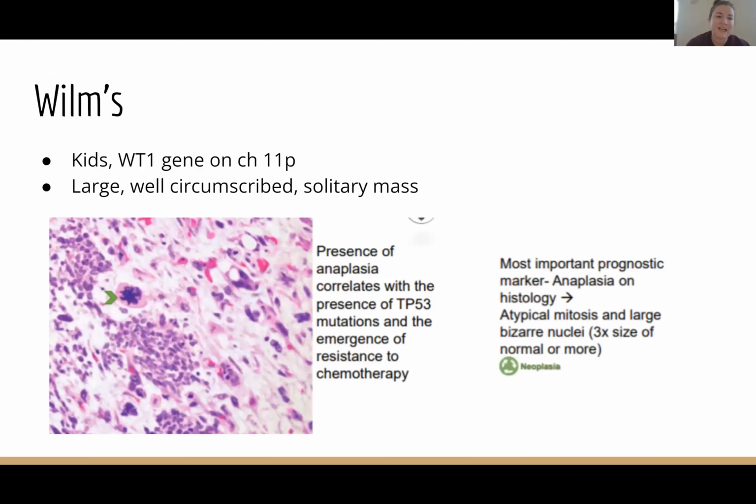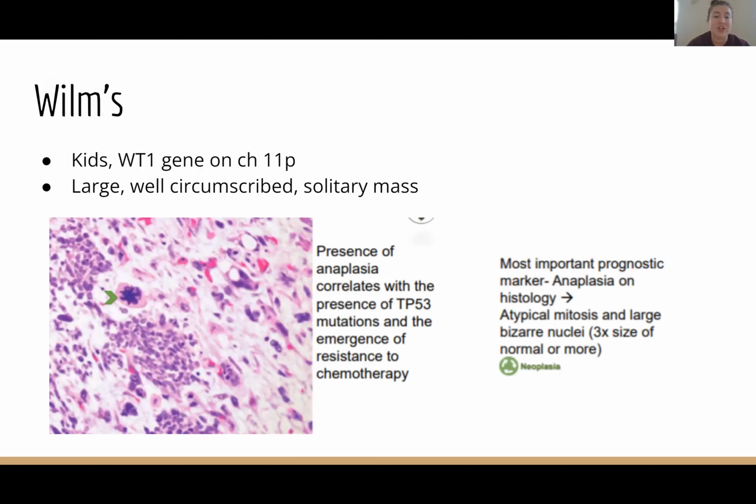Wilms tumor, this is in kids, WT1 gene on chromosome 11p, large, well-circumscribed mass. Anaplasia correlates with presence of TP53, and it is a prognostic factor. I'm pretty sure you guys talked a lot about that in FDCM.